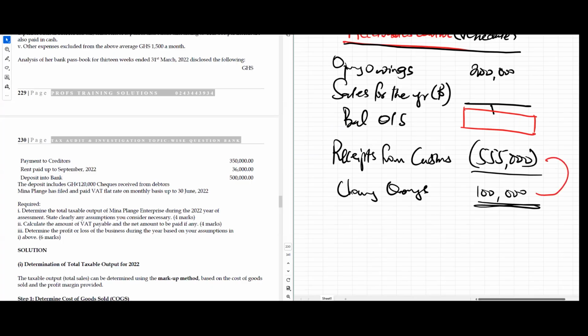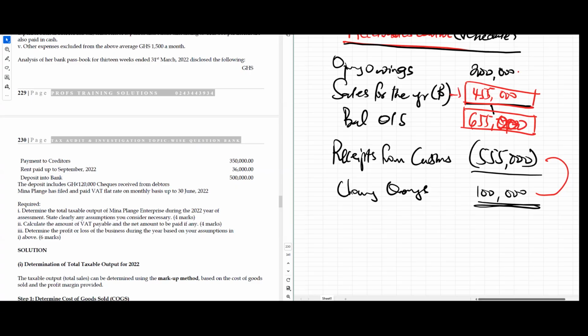So box should have been 655. Then 200 plus something gave us 655. That is box, the balancing figure, and that is 455,000. That means we've gotten the sales for the year.